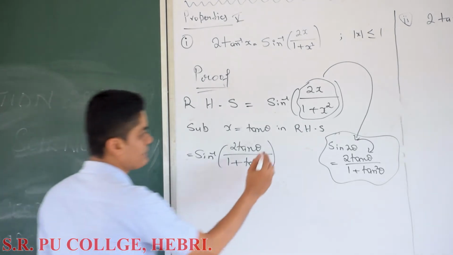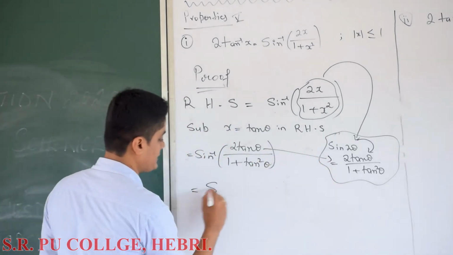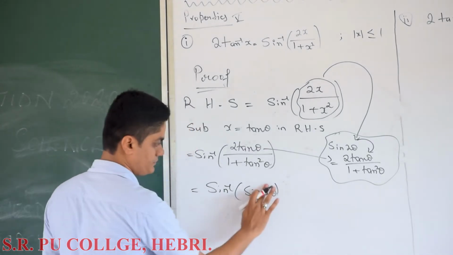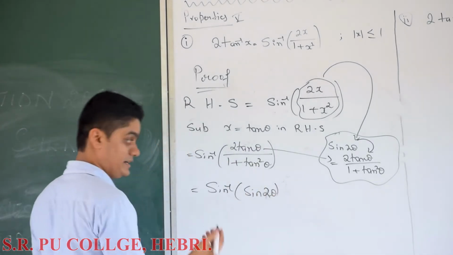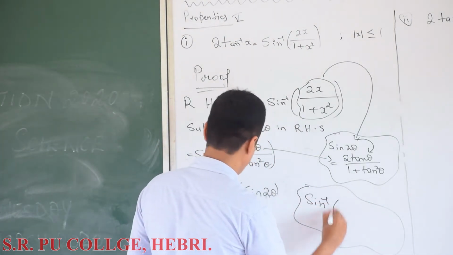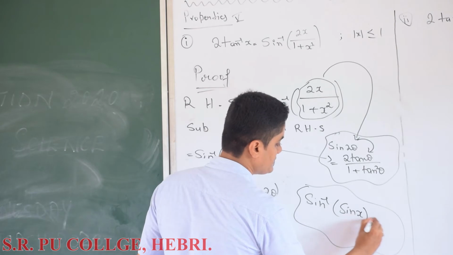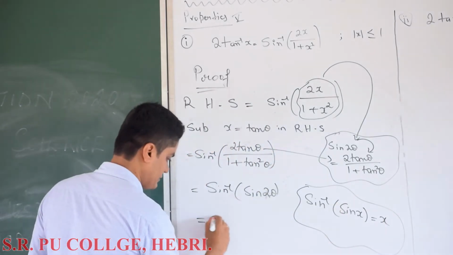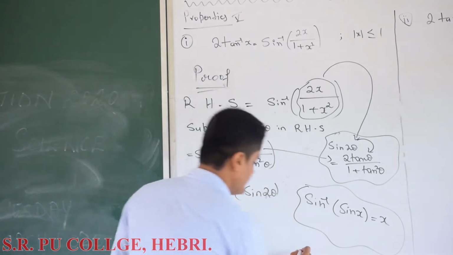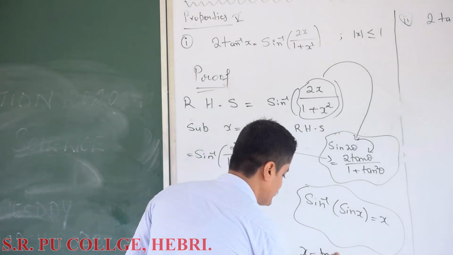What is 2 tan theta by 1 plus tan square theta? Yes, it is nothing but sin 2 theta. And from the property of inverse trigonometric function, that is sin inverse of sin x is equal to x, this will become 2 theta. Now what is theta? We substituted x is equal to tan theta, right?